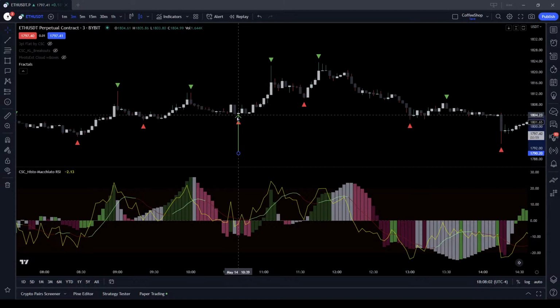What you need for a low fractal to show up, this one, is that all of the preceding 4 candles need to have a low that is higher than this one, and all of the candles afterwards have to have a higher low.